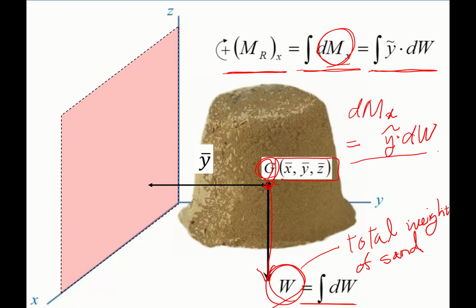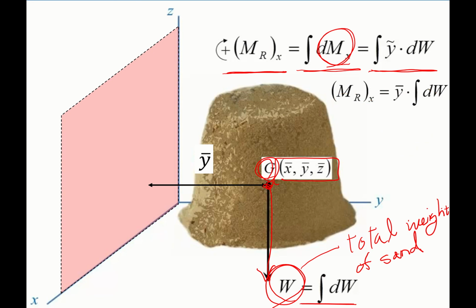Yes, we can say it like this. But basically what we already know is that the resultant moment will act at the center of gravity, and we know the perpendicular distance from the xz plane to the center of gravity is y bar. Here you can see that it is y bar times the integral of dW.